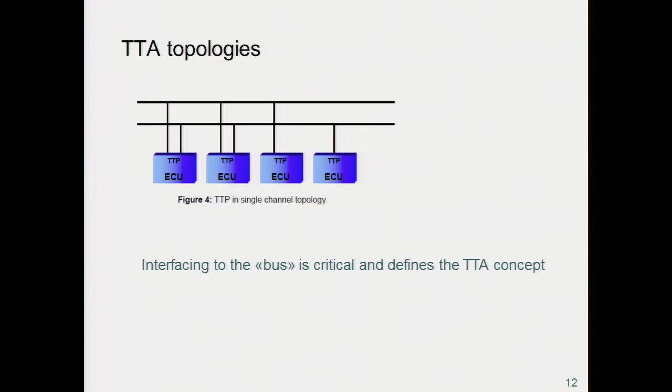Okay? All right. So we said before, in TTA topologies you have these TTP nodes connected to the bus. And so interfacing to the bus, the way in which the nodes talk to the communication structure, is critical and does define the TTA concept. So you got this thing that communicates through the TDMA method, but then we have to say how each single block interfaces to that TDMA protocol. So what does it do when it writes into the bus, right?